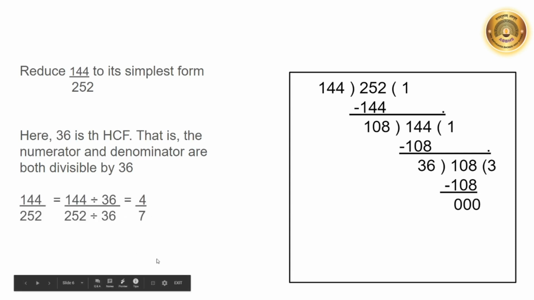So when we divide both numerator and denominator by 36, the fraction will be reduced to the lowest form. That means when you divide 144 by 36, you get 4. 252 divided by 36 gives 7. That is 4 upon 7 is the simplest form of the fraction 144 upon 252.